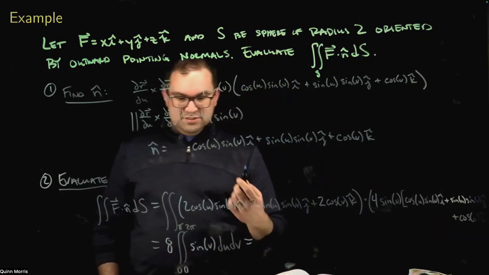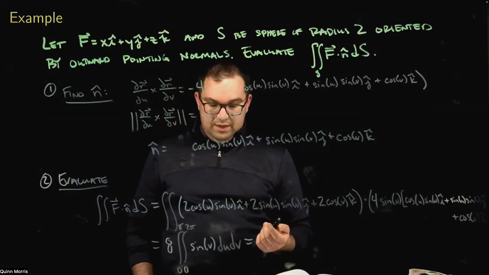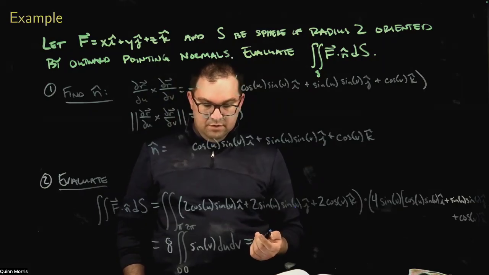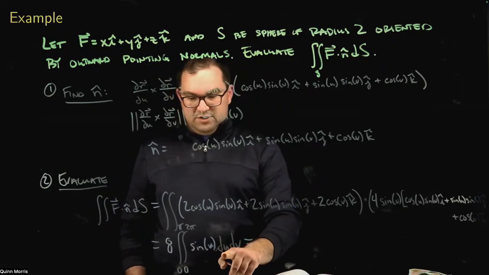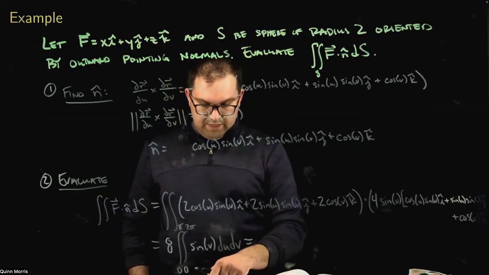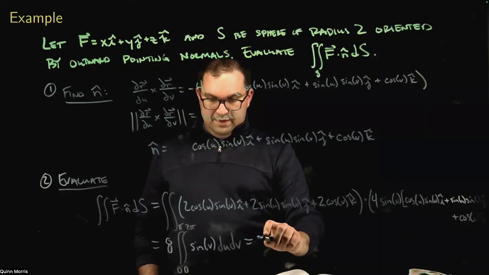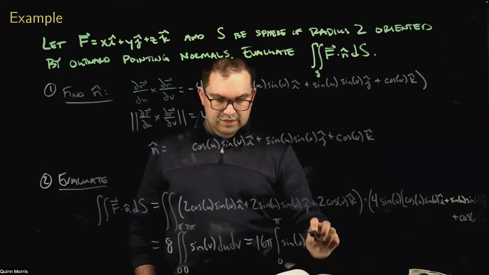Now this is just a double integral over a rectangle. If I integrate sine of v with respect to u, sine v is a constant, so I just get a 2 pi that comes out. So I'll pick up a 16 pi, and then I'll have an integral from 0 to pi of sine v dv.